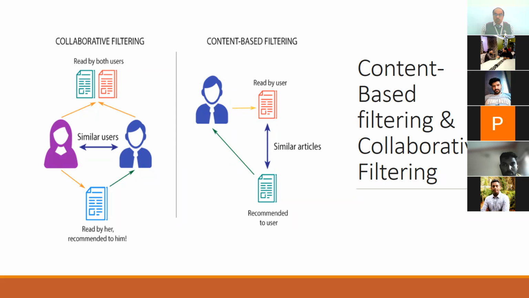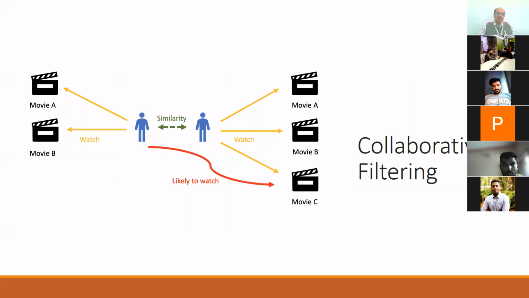That is individual content. Collaborative means simultaneously two users. What is the similarity between the two users and whether we can use the same thing? That is the advantage of collaborative filtering. If two persons decided to go to the cinema, which cinema will they go to? Simple thing.